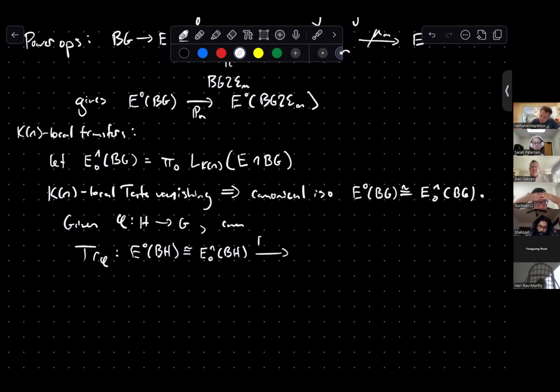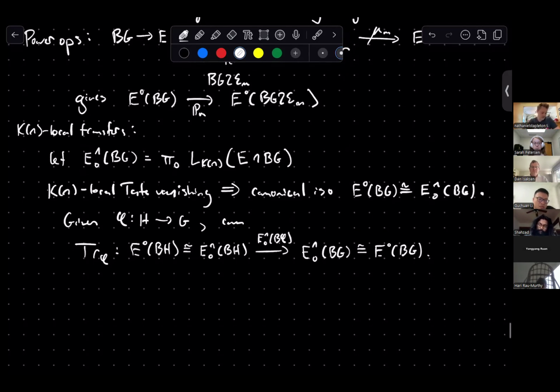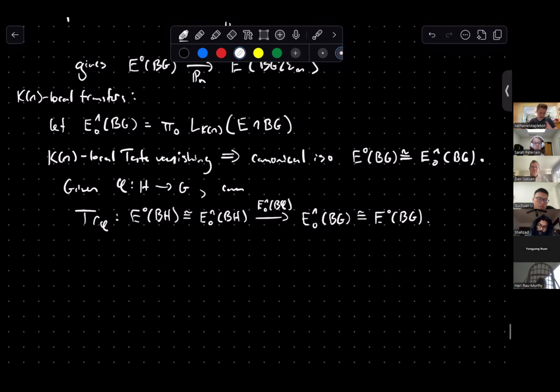And then I can just take the completed E homology of phi to get to the completed E homology of BG, and then I can go back along my canonical isomorphism again to get to the E cohomology of BG. And there we go. We just produced, using this canonical isomorphism, a wrong way transfer map. And that is the transfer along a surjection in this situation.